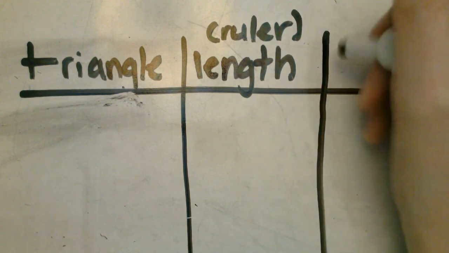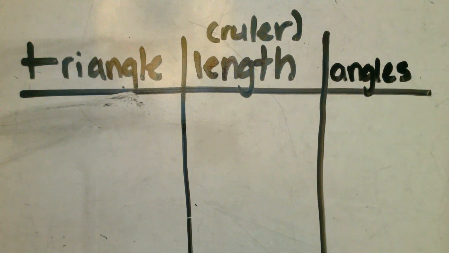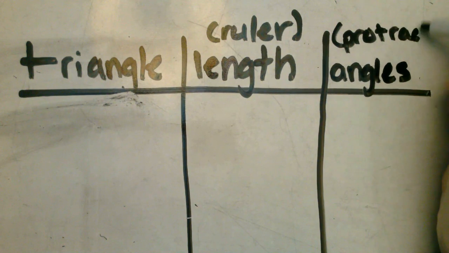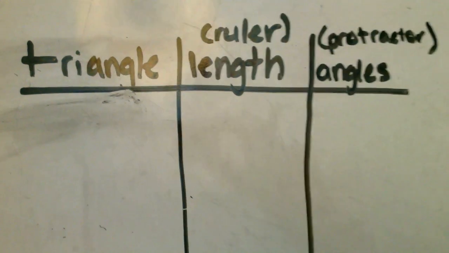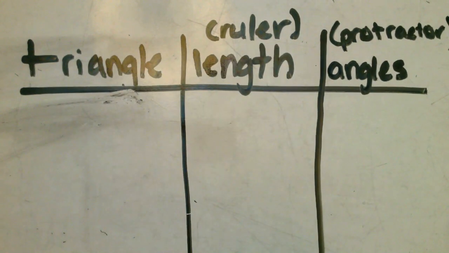Our last one is going to be the angles in your triangle. And for this one, you'll use your protractor to measure. And just like length, there are 3 angles in your triangle, so you're going to have 3 angles listed in each of these.